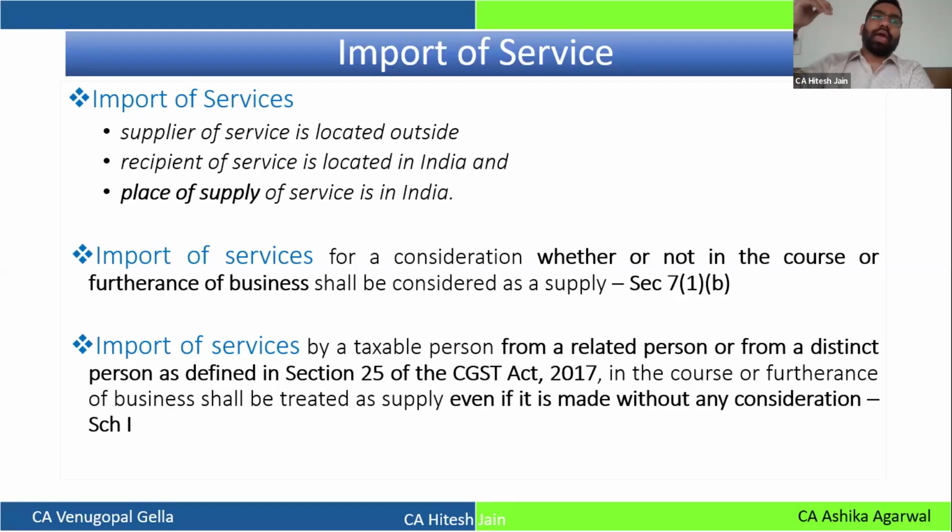Suppose my head office is in the US and I am its subsidiary in India located in Bangalore, and my head office is providing me admin or payroll services for my office in Bangalore, for which it is not cross charging any amount or getting anything reimbursed from me.